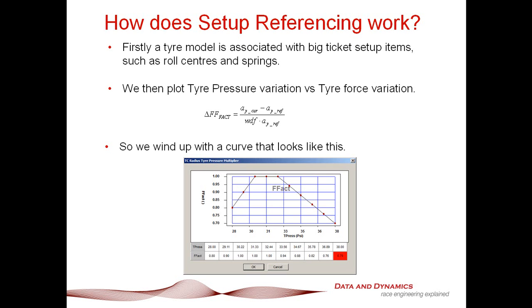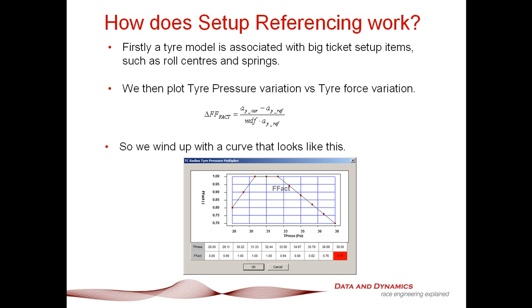Then what we want to do is plot tire pressure variation versus tire force variation. There are a number of ways you can do this, but probably the best way is to get your particular setup, run at your hot tire pressure variations, and then knock off tire pressure deltas.